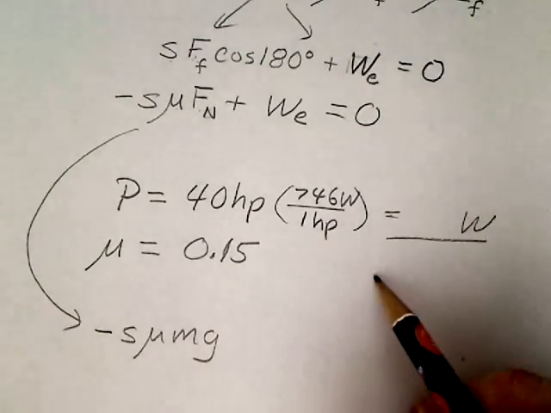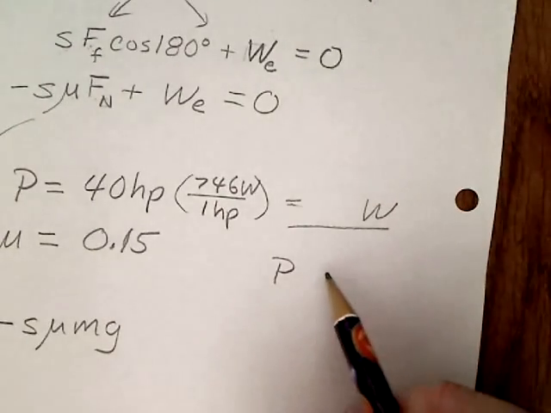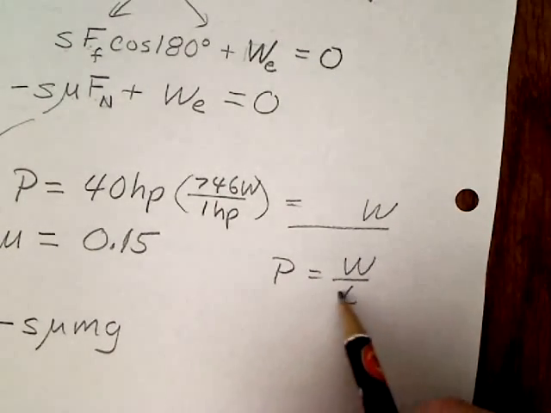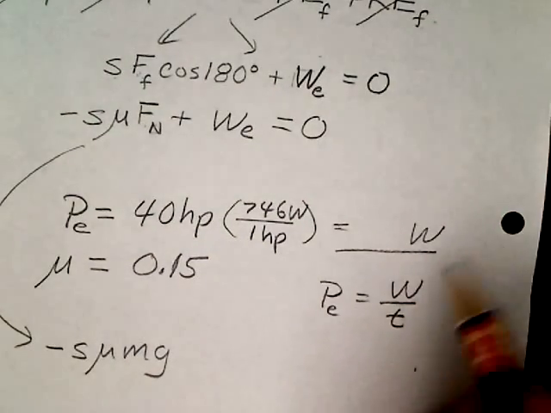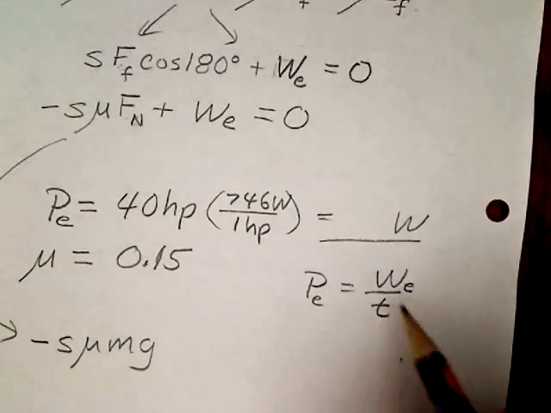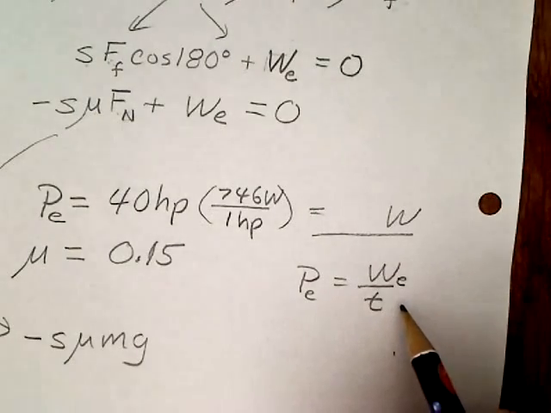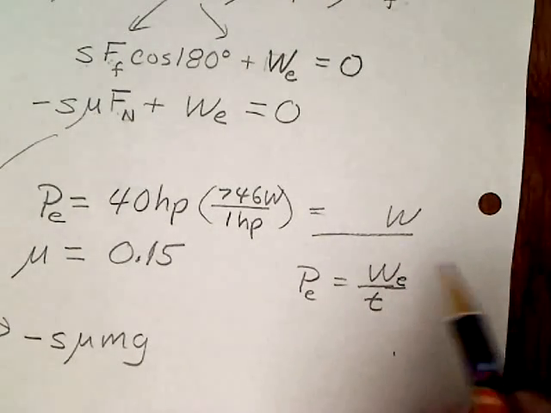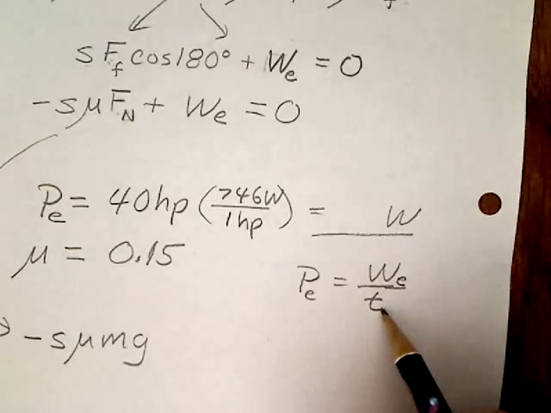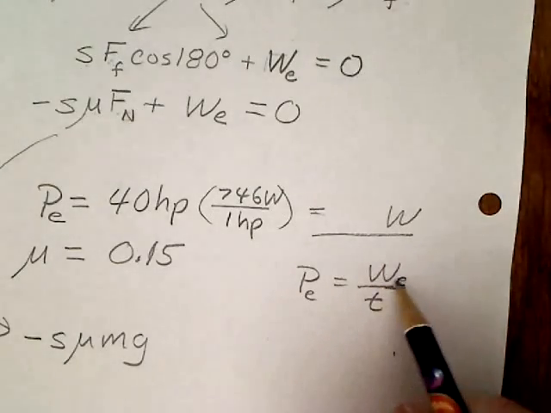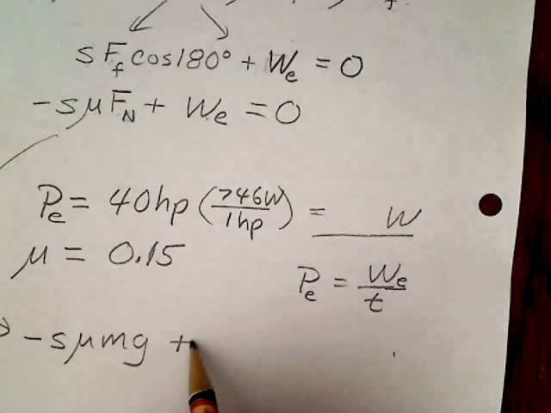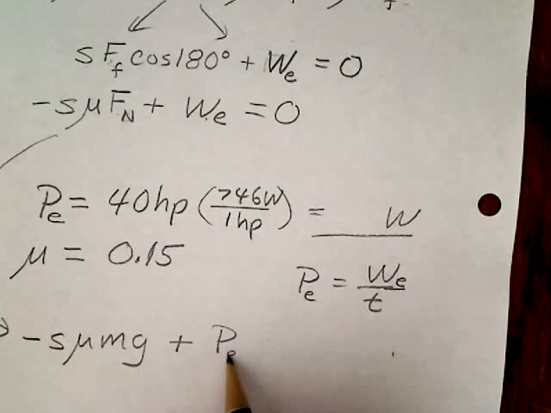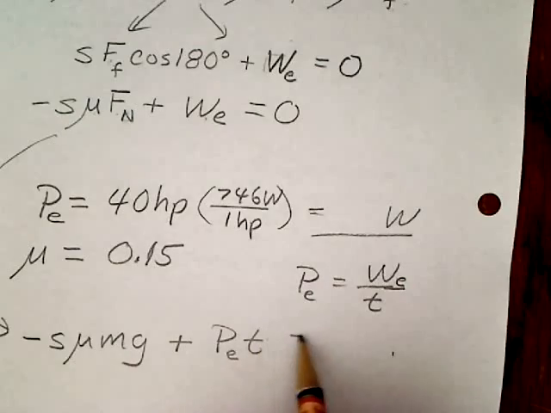You also can realize that since power is equal to work divided by time, if we're given the power from the engine, then the work done by the engine in an amount of time t is the work by the engine divided by t. So solving for that and plugging it in here, you find out that it's plus power from the engine times time equals 0.